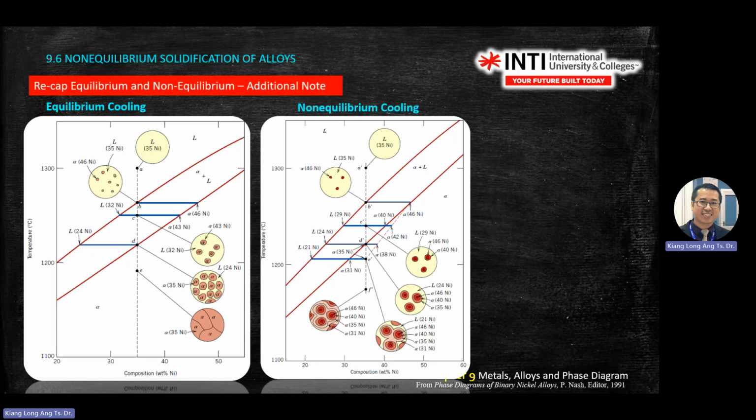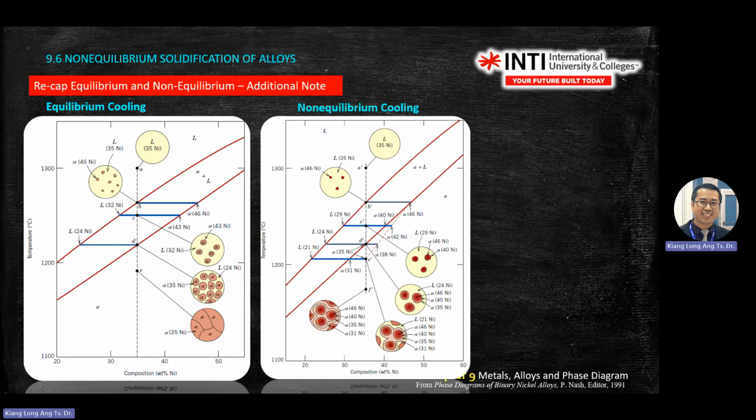So at the point here, 1300 degrees, you only see liquid. So in the bubble, you can either write liquid or write capital L. You just copy what you see on the diagram. Then you write bracket 35% nickel. Okay, this one makes sense, huh?